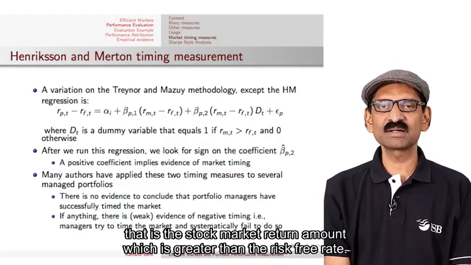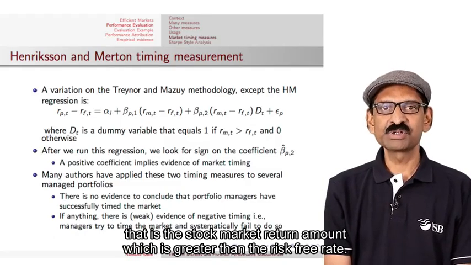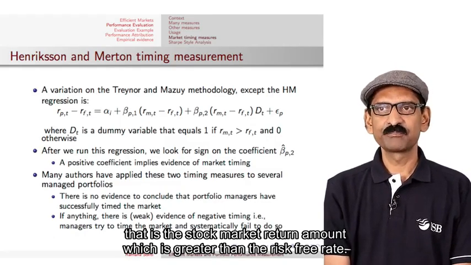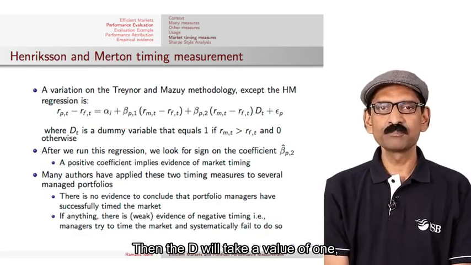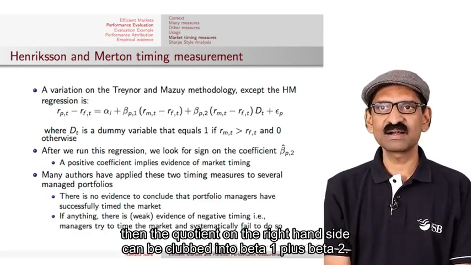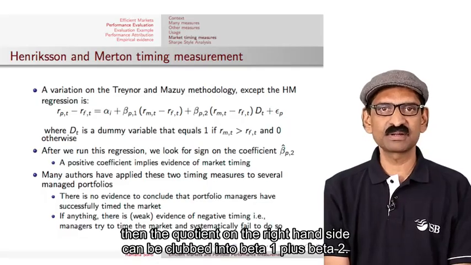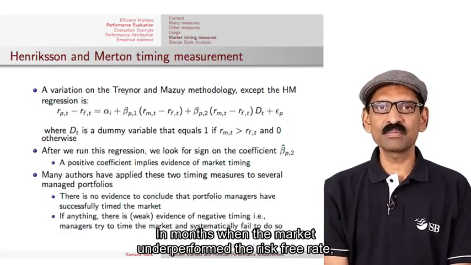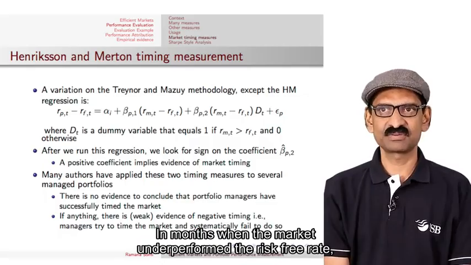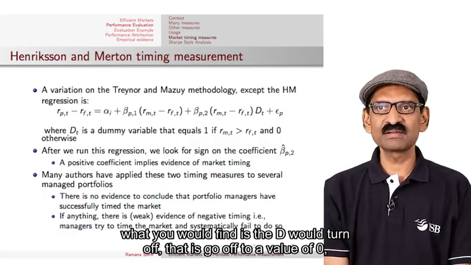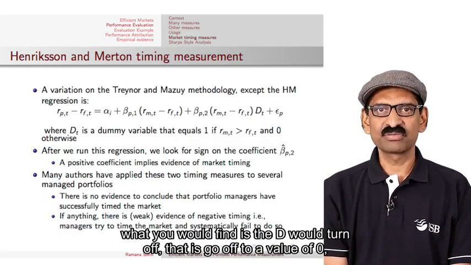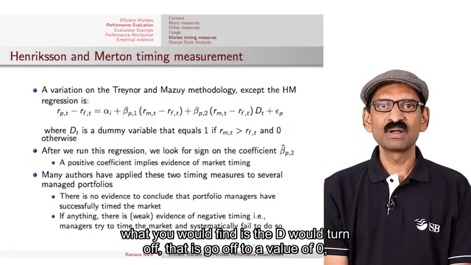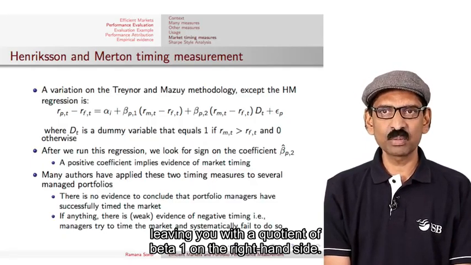That is the stock market return was greater than the risk-free rate. Then the D would take a value of 1. Then the coefficient on the right hand side can be clubbed into beta 1 plus beta 2. In months when the market underperformed the risk-free rate, what you would find is the D would turn off, that is go off to a value of 0, leaving you with a coefficient of beta 1 on the right hand side.